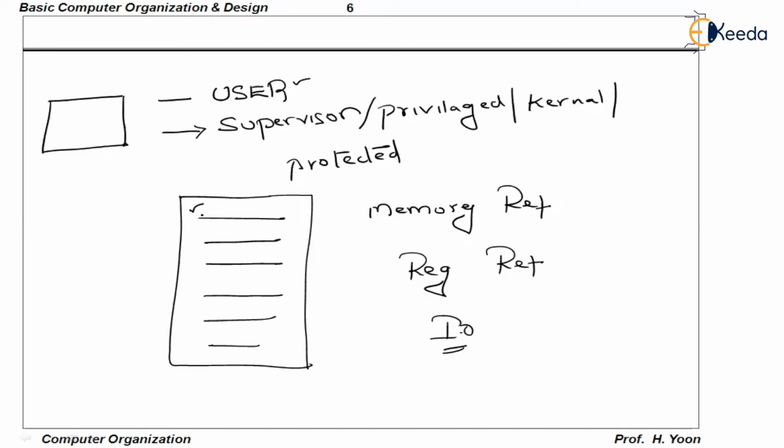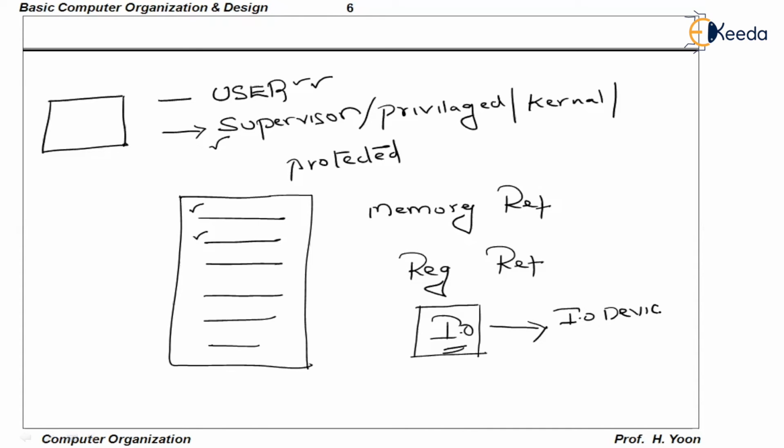Now here, try to understand. Every time when either a memory reference or a register reference instruction gets executed, CPU will be set to be in the user mode. But when an IO instruction needs to be executed, this IO instruction should be executed in the supervisor mode, because this IO instruction leads to an access to IO devices, right?